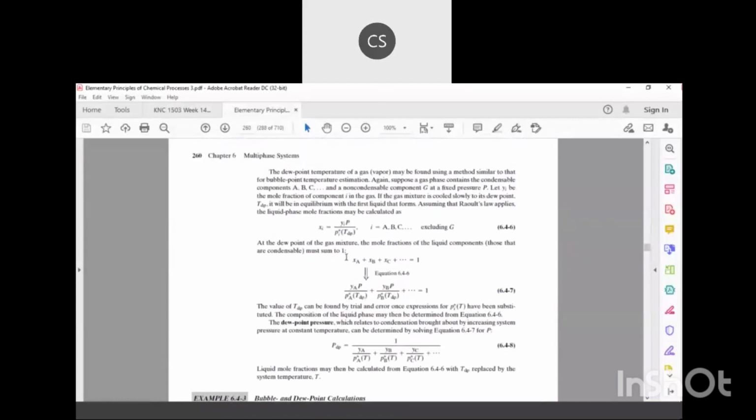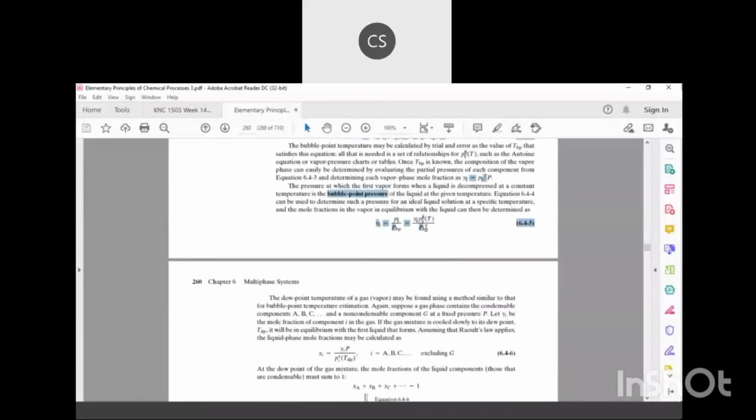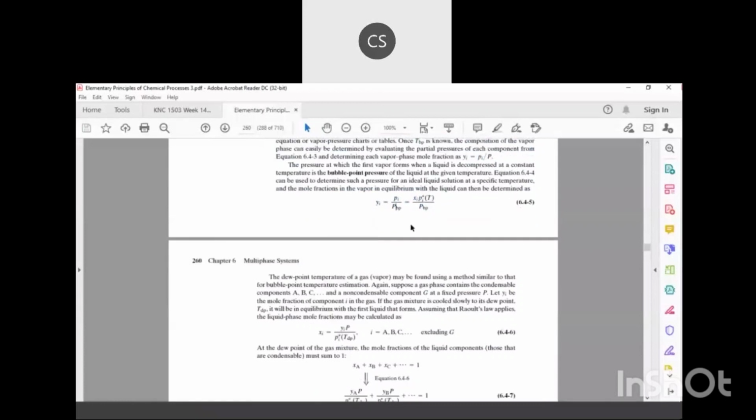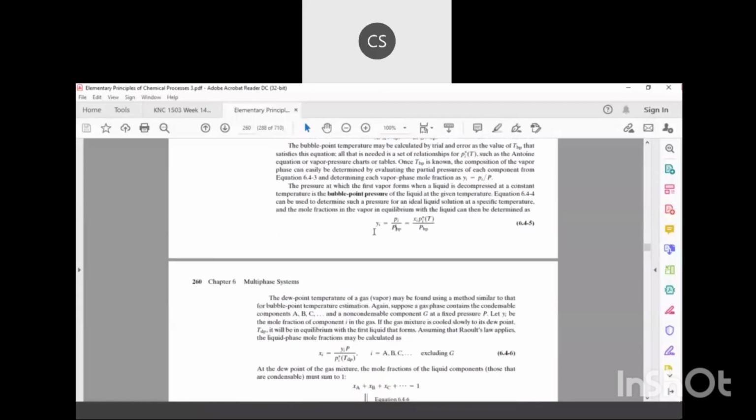The bubble point pressure is represented by this one, P_BP.